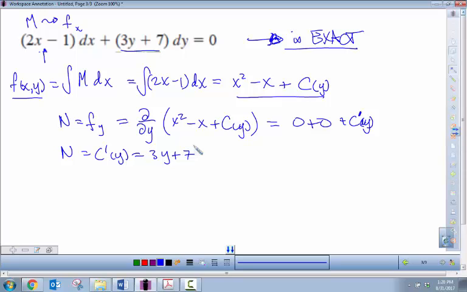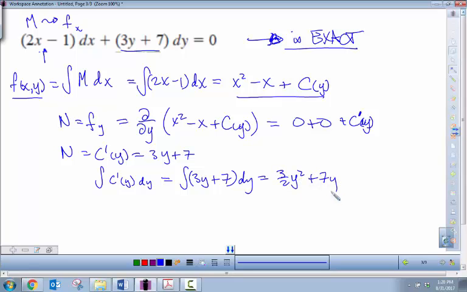So then this will give me a chance to get c of y if I just integrate with respect to y. So this will be, what is it, 3 halves y squared plus 7y. Now I can put a c, which is a true constant.